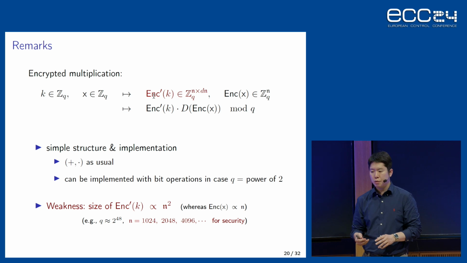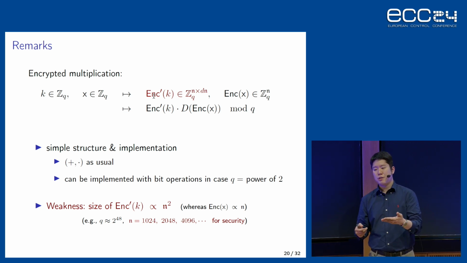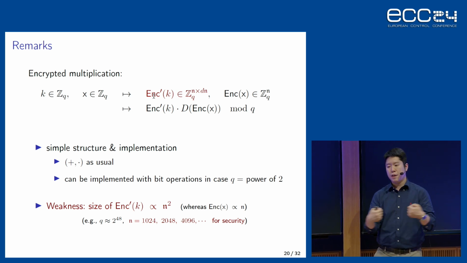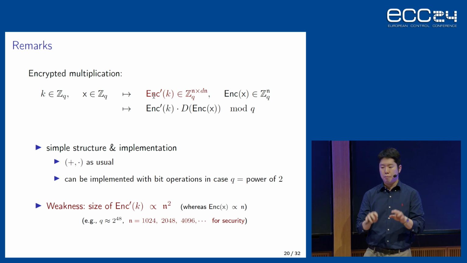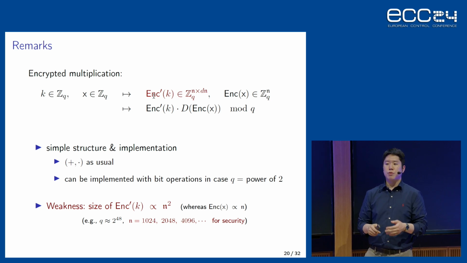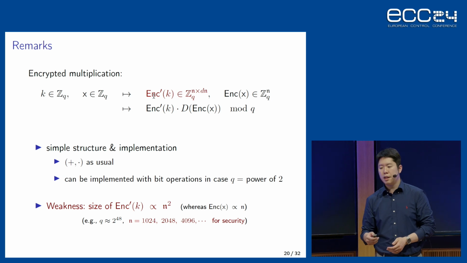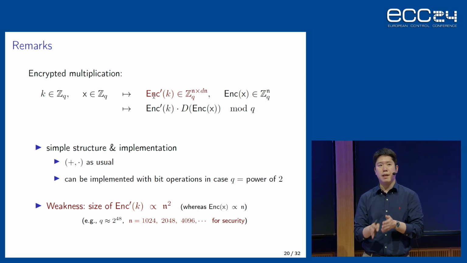In contrast to Paillier encryption, where when you hope to perform the addition operation, in practice you have to implement multiplication between big integers. In contrast to that, if you use the GSW encryption, then the operation structure is the same.